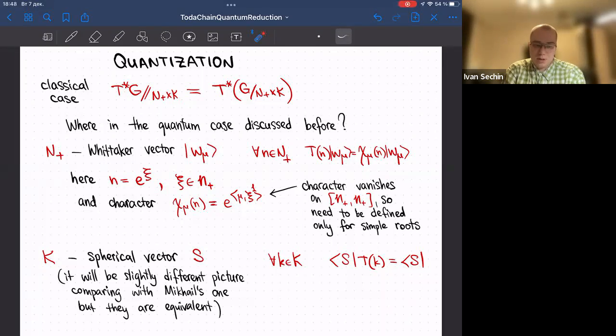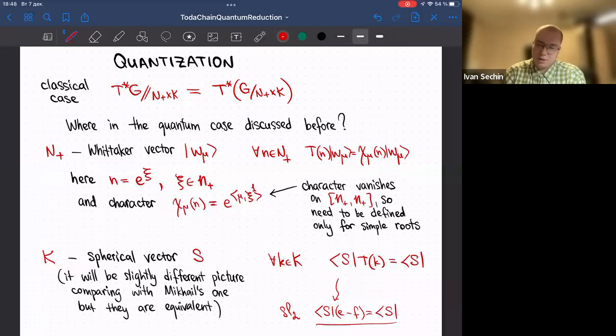We will use not only the Whittaker vector, but also a spherical vector, which is an eigenvector of any element from our orthogonal group. For example, for SL2, for the algebra, we will have this.